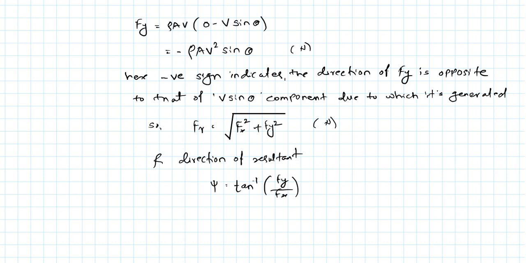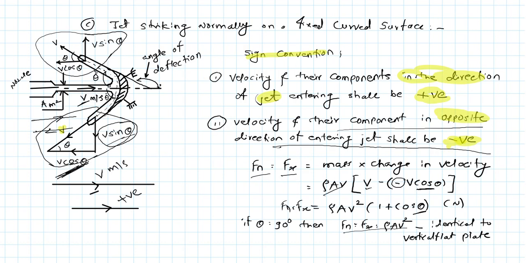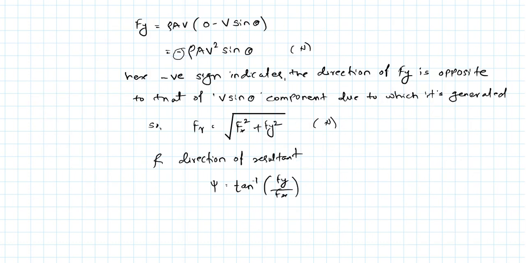So we get minus rho a v square sin theta. Here this negative sign indicates that the direction of Fy is opposite to that of the v sin theta component due to which it is generated. It is not negative in magnitude, but the direction is opposite, so that's why the negative sign comes into the picture.